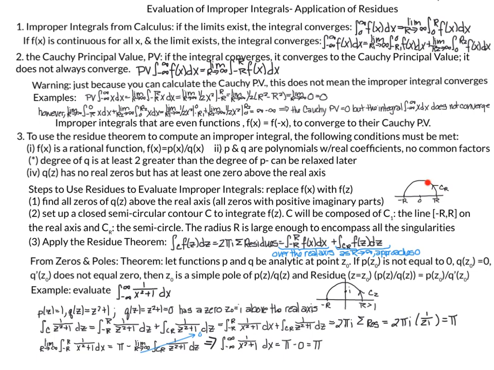Because this is a closed curve integral, according to Cauchy's residue theorem, the value of the closed curve integral is equal to 2 pi i times the residues inside the closed curve. And that's equal to the integral along the line plus the integral along the semicircle here.